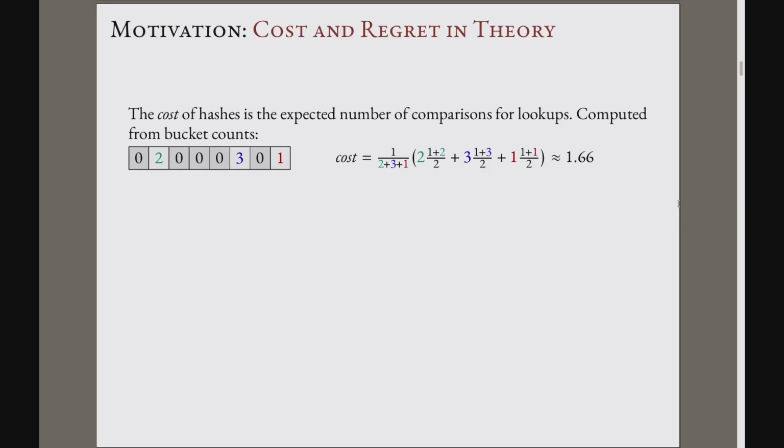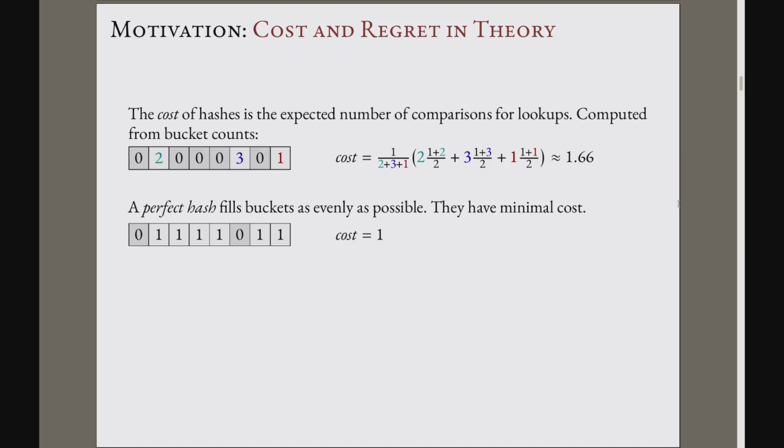Right, so if we take the previous example and just count the number of keys in each bucket, we have the bucket count vector from which we can easily, with simple arithmetic, compute the expected number of comparisons we would need to do if we looked up a random key that exists already in the hash table. So this is a traditional cost model of hash tables, the number of comparisons to be done for a lookup.